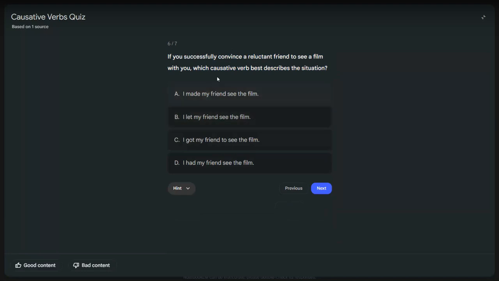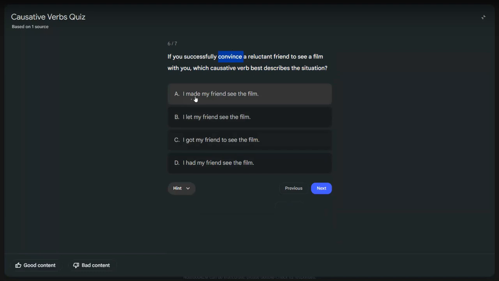Another thing is successfully convincing. Here we are talking about convincing, so we are not forcing him to do it. We are convincing him. But this one can be tricky, right? What will happen if we had forcefully convinced him? So this can be tricky, but let's go with the definitions of each.